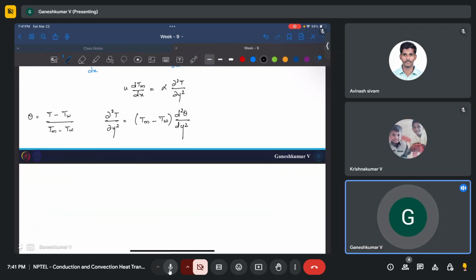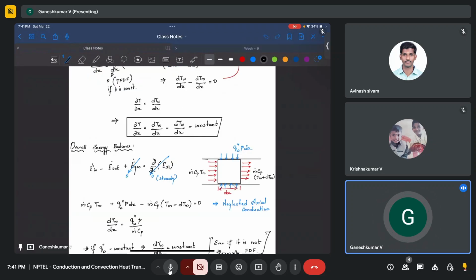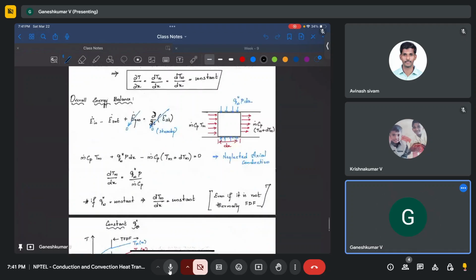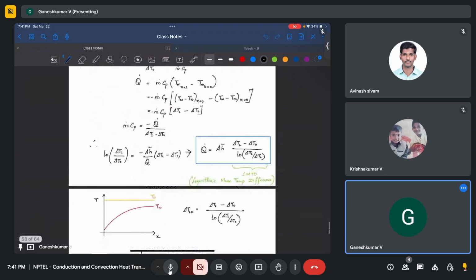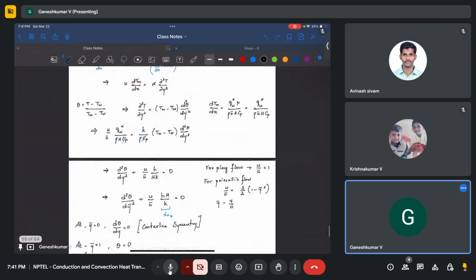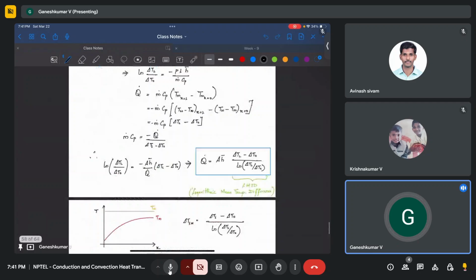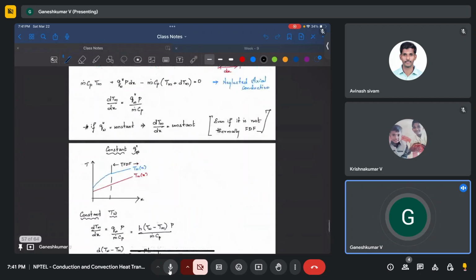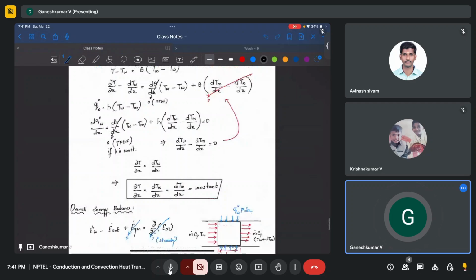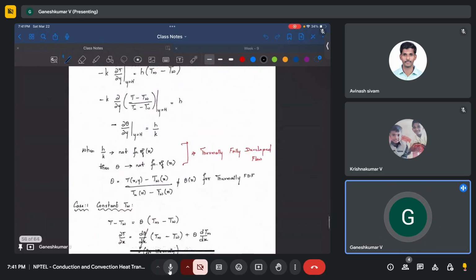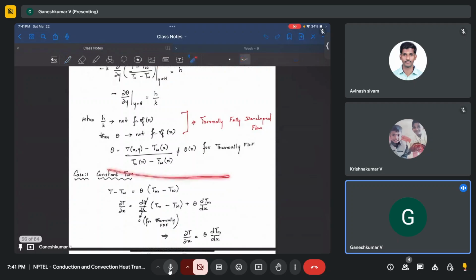Okay, so we already know theta is not a function of x. That's what we saw before. So that's why I was able to write d instead of a partial derivative. If it's a fully developed flow, we already proved that theta is not a function of x.